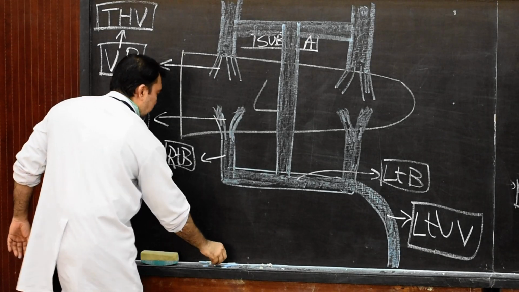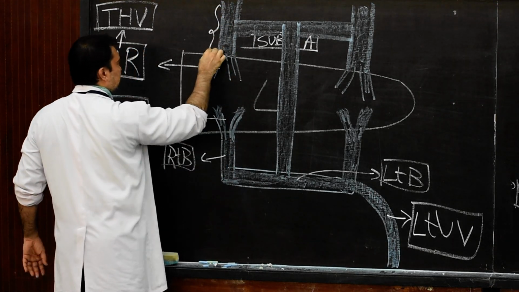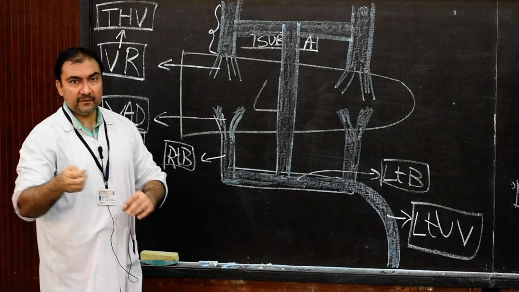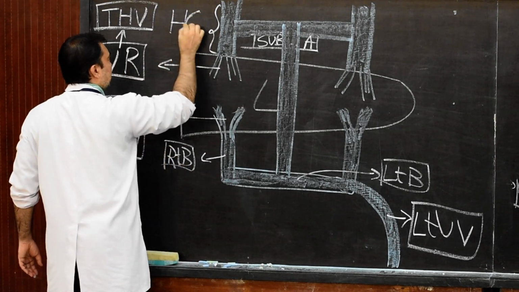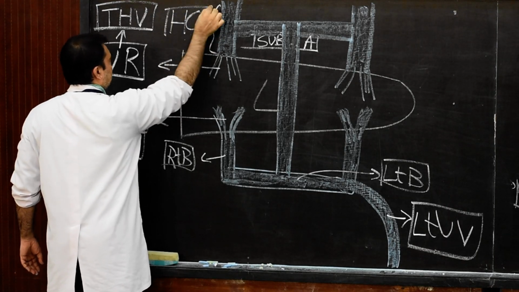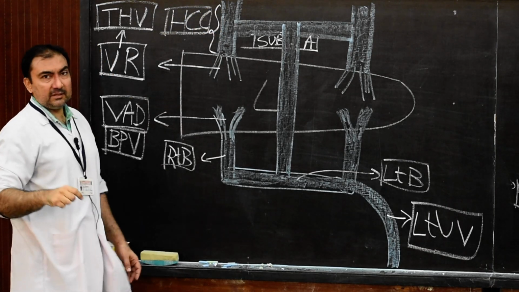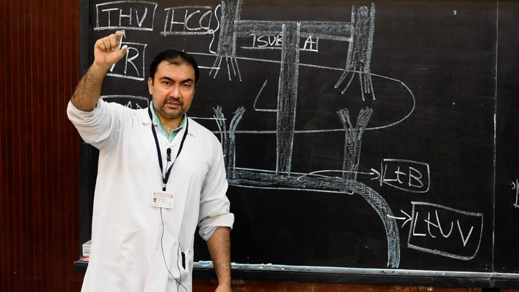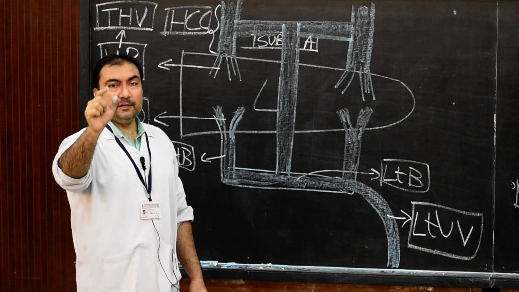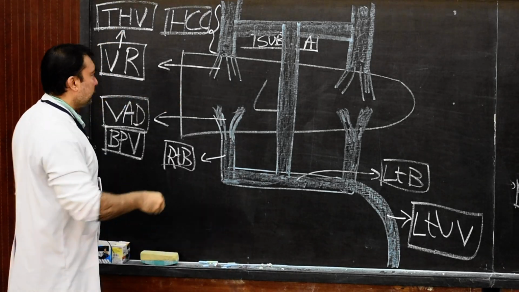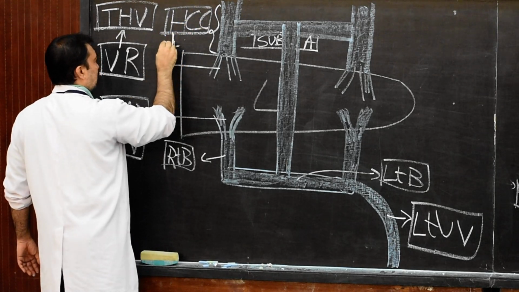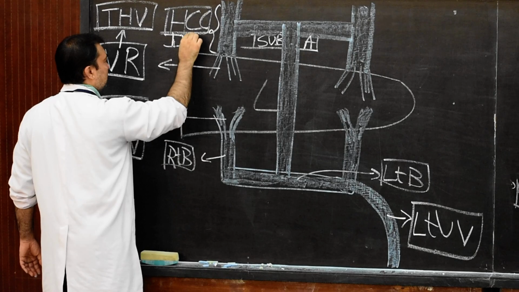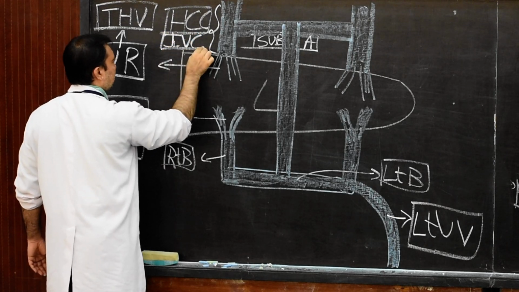The right vitelline vein above the liver develops into the hepatocardiac channel, and that becomes the cranial most, cephalic most part of the inferior vena cava. So this hepatocardiac channel develops into the terminal most part of the inferior vena cava.